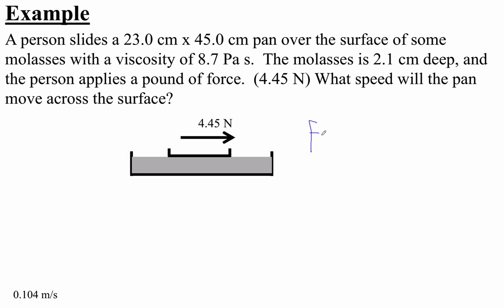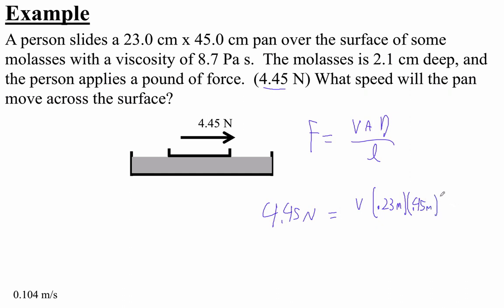So force is equal to velocity times area times viscosity over the thickness. Did we miss anything? I don't think we did. The force is a pound, which is 4.45 newtons, equals the velocity. The area is 0.23 meters by 0.45 meters.